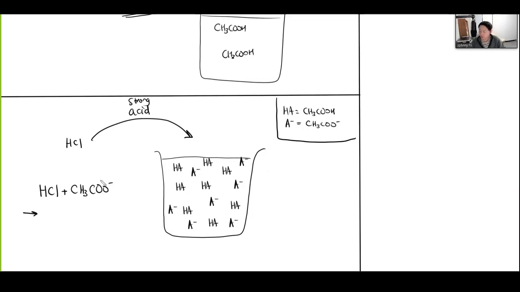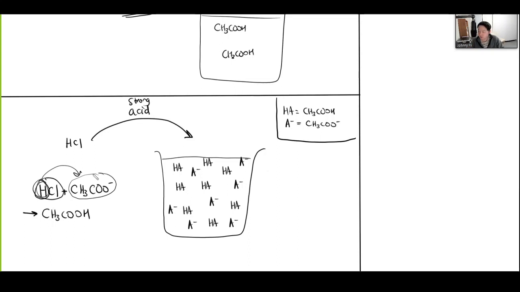Because the acidity all depends on the hydrogen ion, and the weak acid does not create lots of free hydrogen ions.